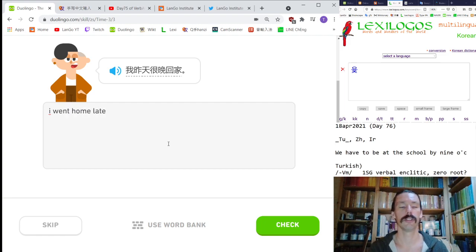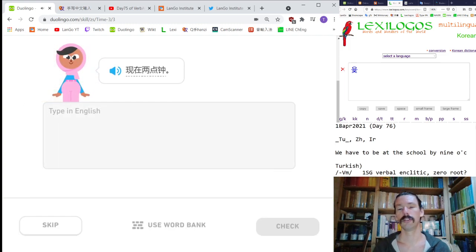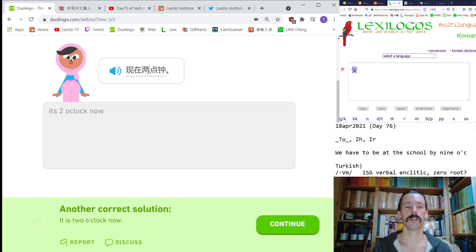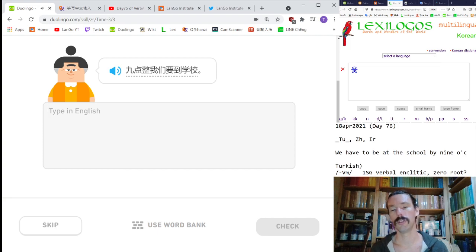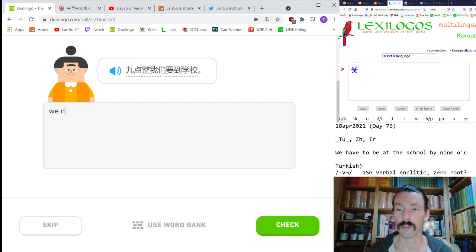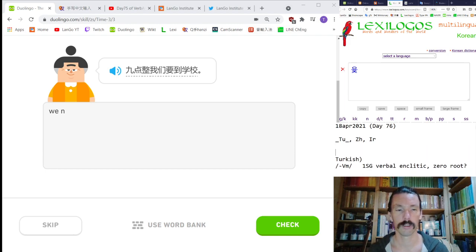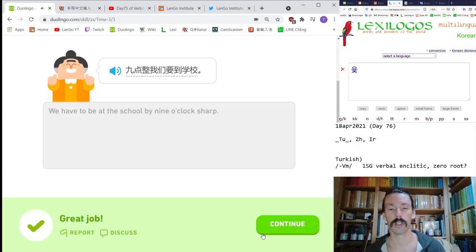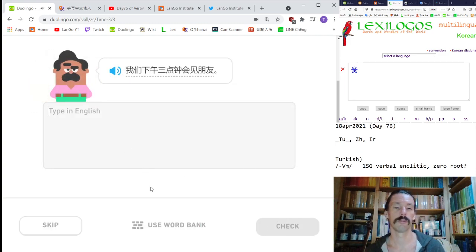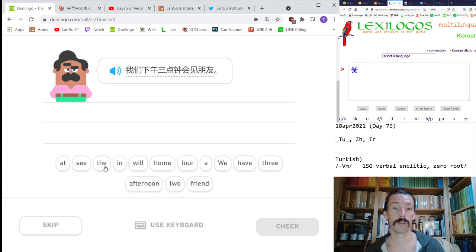Home late yesterday. 现在2点钟。 It's 2 o'clock now. 9点整，我们要到学校。 Have to be at the school by 9 o'clock sharp. 我们下午3点钟会见朋友。 3 p.m. We'll see friends.